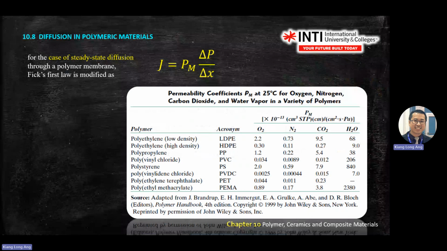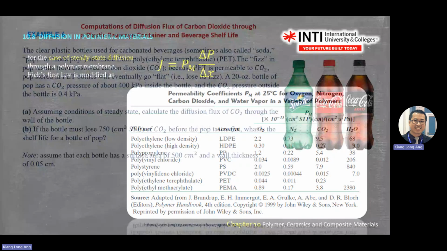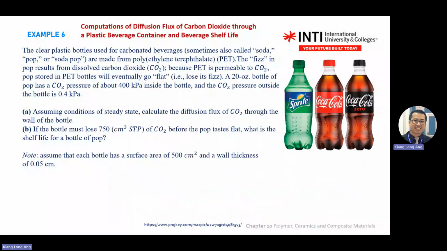When you work later, or maybe in daily life, you see this carbonated container. You have a clear plastic bottle to put your drinks in. We are using PET. The fizz of the pop is dissolved CO2 inside, and PET is permeable to CO2.